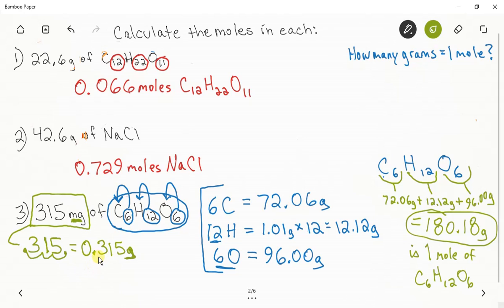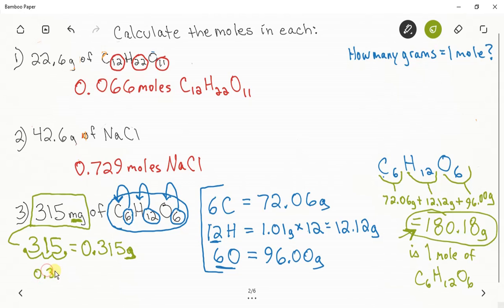So we have 0.315 grams of C6H12O6, but we need 180.18 grams to make 1 mole. So how many moles do we have? Obviously, we're going to have less than 1 mole. We're going to have a tiny portion of a mole.